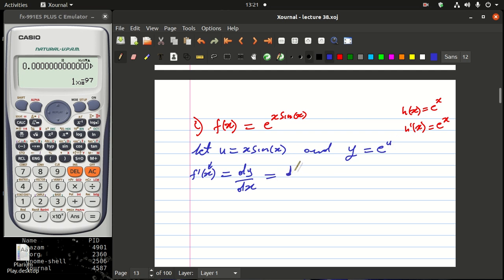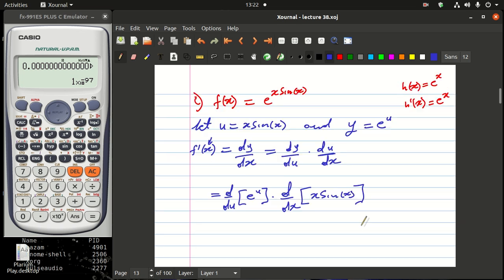So I wanted to have my dy with respect to u times du, which this one was nowhere to be found, so I wanted to end up having something of that nature but in the numerator. So my du, my u was in terms of x, so I end up having my dx there. What is my y? So I have du, my y is e to the power u, and then times dx. My u is actually x sine of x.